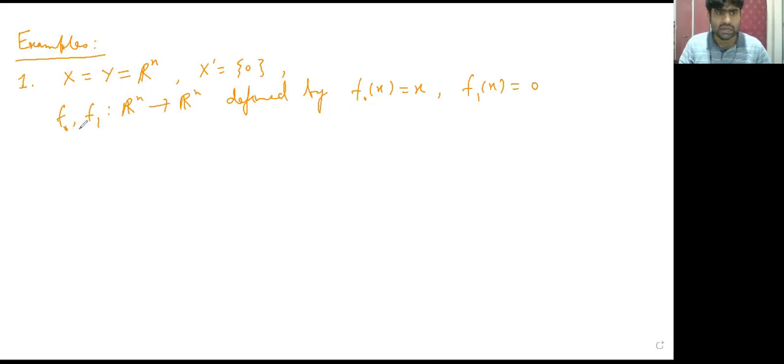Basically, f naught is the identity map on R^n. This is for every x in R^n.